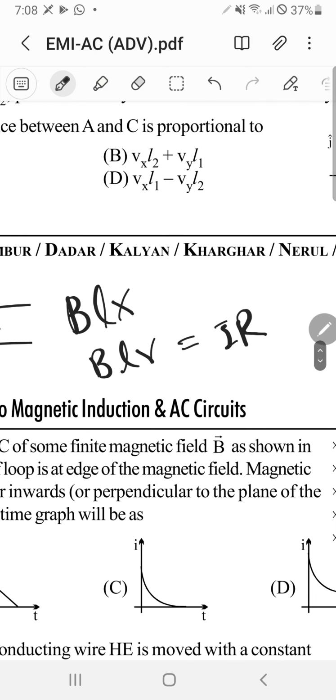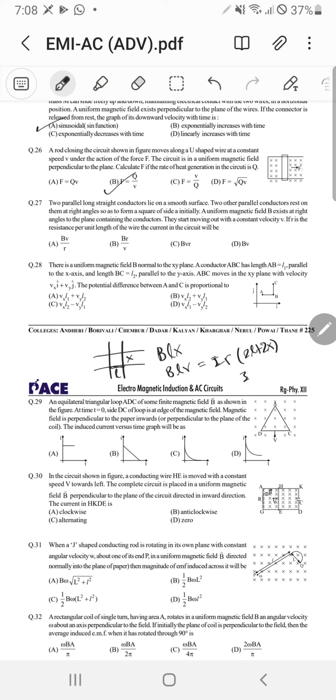I R, which is current per unit length, that times the length, which in this case is like 2L plus 2X. That's right. Okay, cool. Yeah, that's right. So now we want to find the current. Just divide it by that. 2L plus 2X.